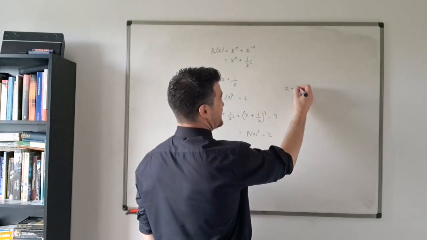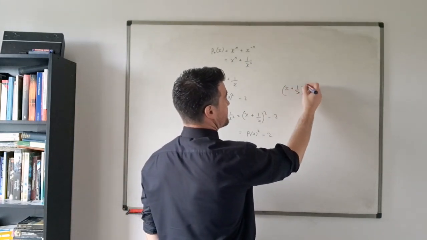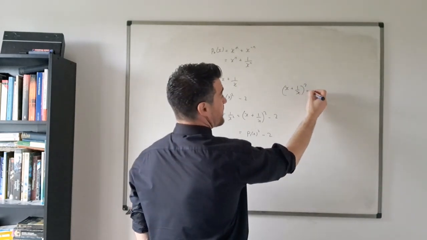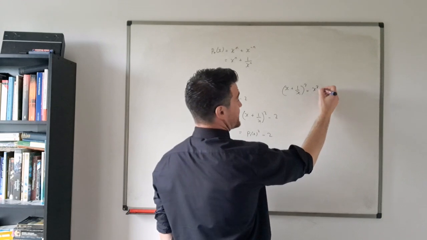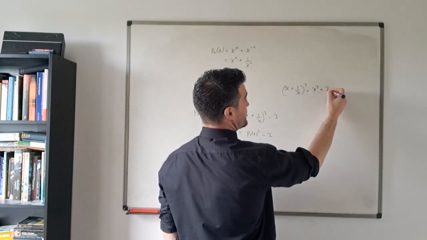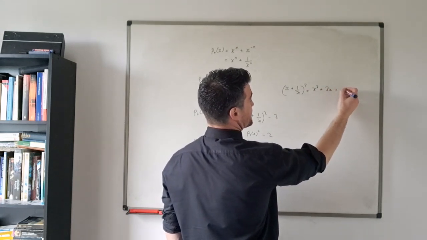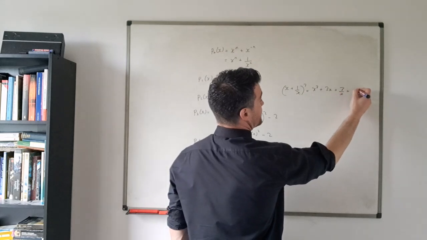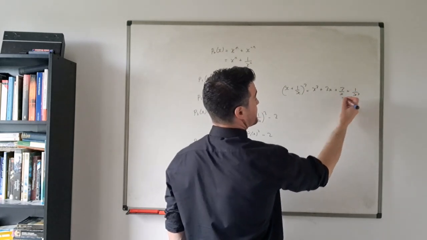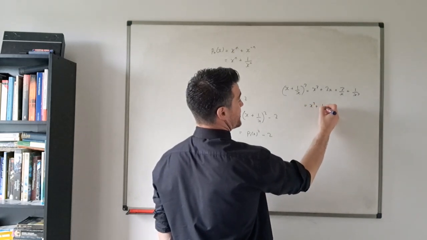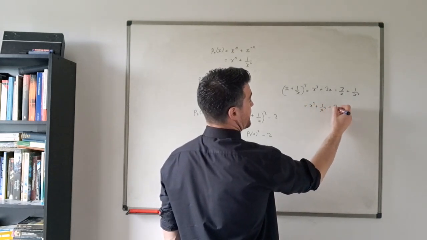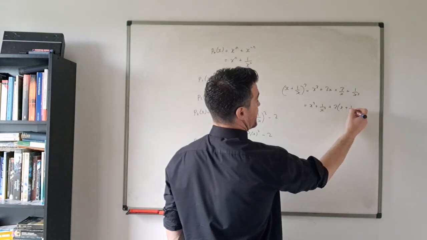My guess would be to have a look at what happens when you cube P1x. So you get x cubed plus 3x plus 3 over x plus 1 over x cubed, which of course is equal to x cubed plus 1 over x cubed plus 3 times x plus 1 over x.